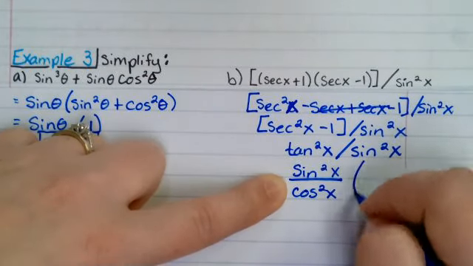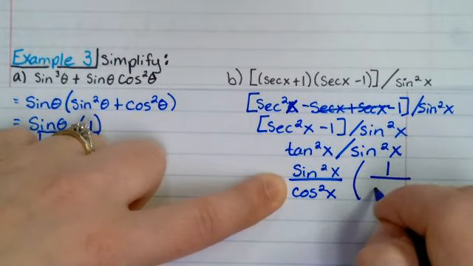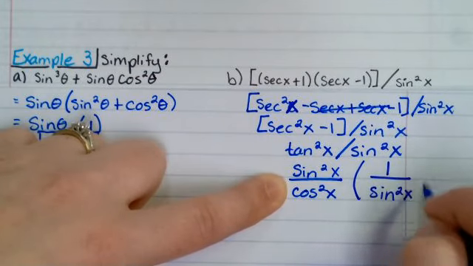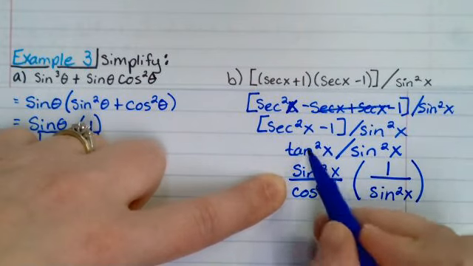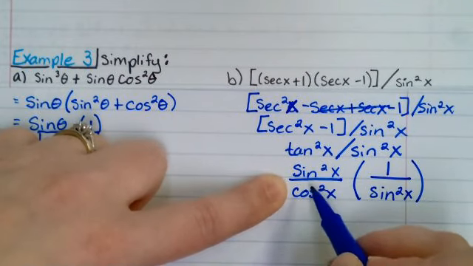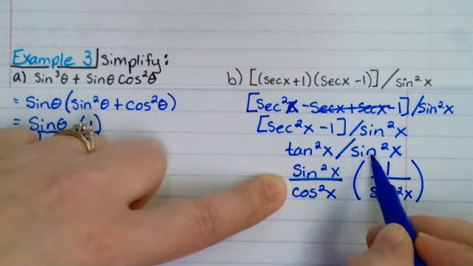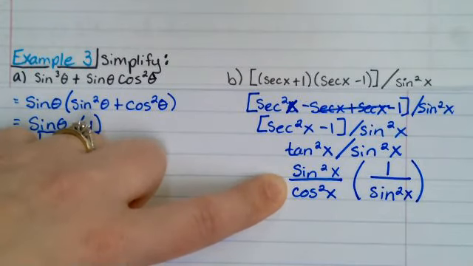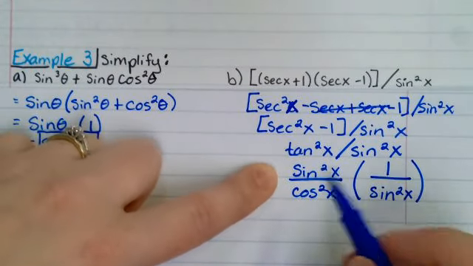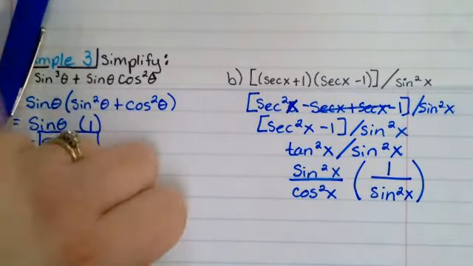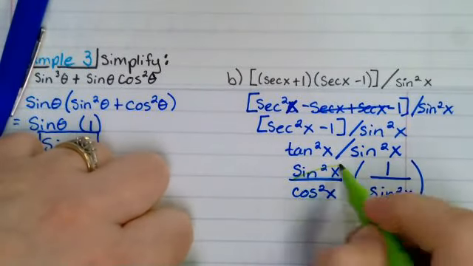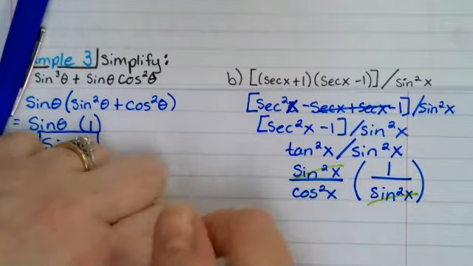Dividing is the same as multiplying by the reciprocal. So I want you to see what's going on here. Tangent I turned into sine over cosine, divided by, right, keep, change, flip, 1 over sine squared. And the sine squareds cancel out, just like that.